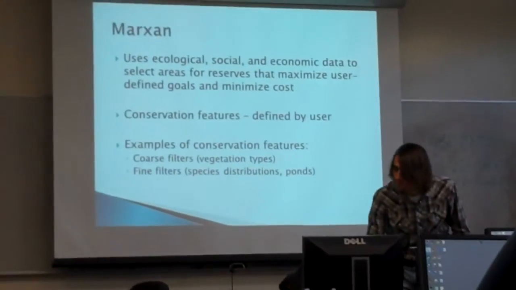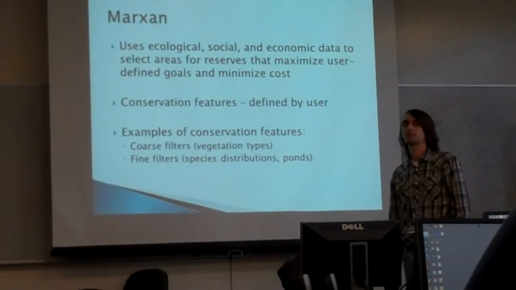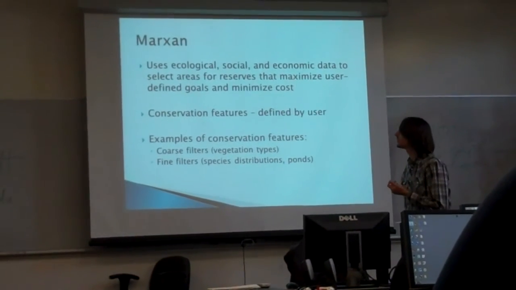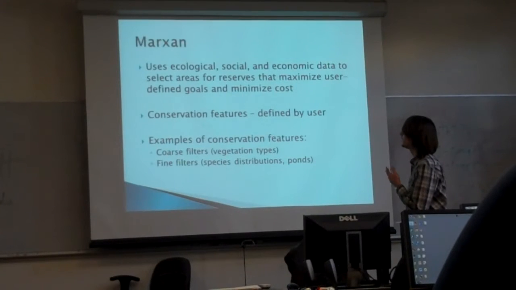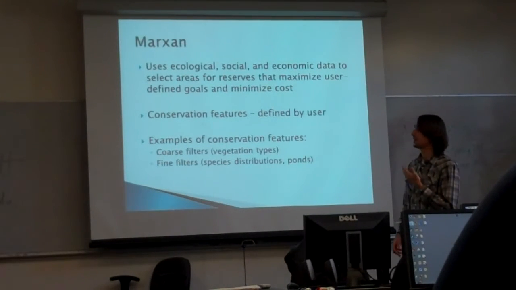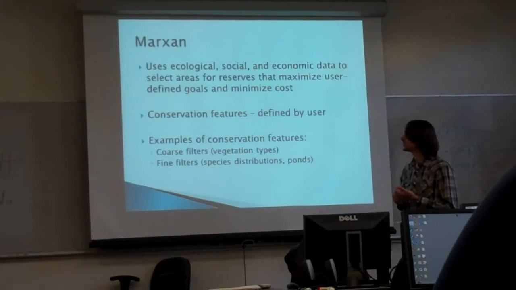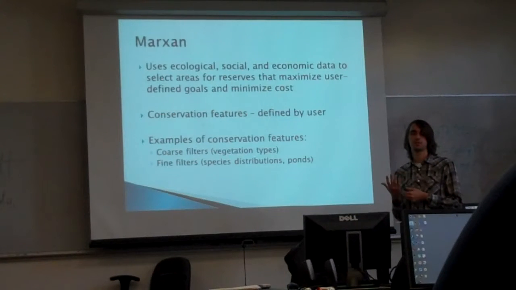To do this, the main program that's used is called MarkSan. There's also another extension called MarkSan with zones. And this kind of combines ecological, social, economic data layers, all this different stuff to select areas that maximize their conservation goals at a minimized cost.